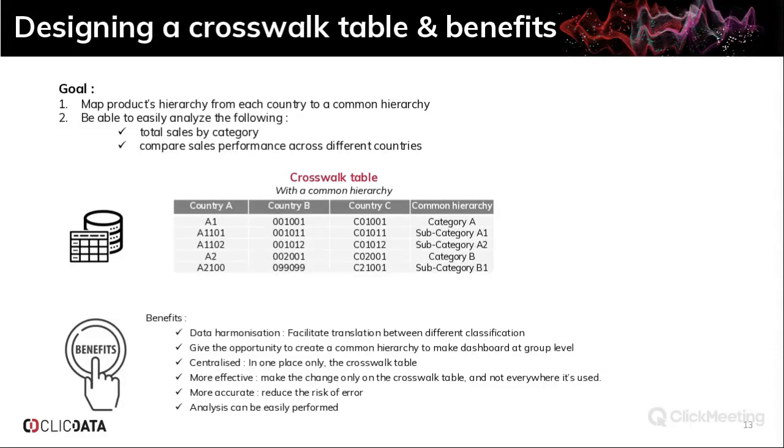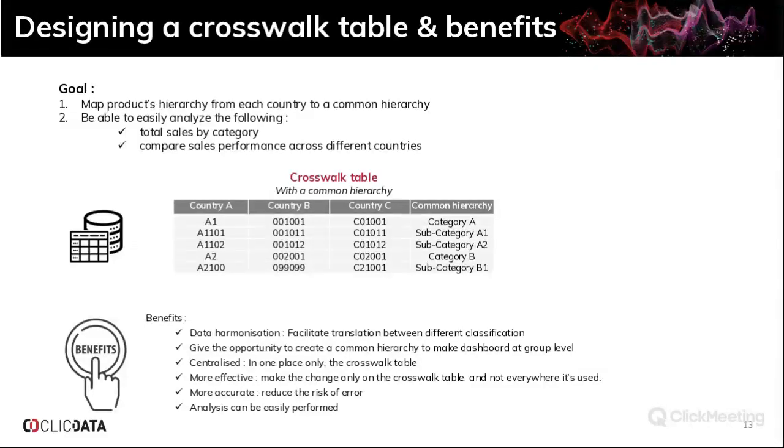In terms of how the crosswalk table is structured, you can see an example here. Let's assume that, for example, in country A, you have this kind of IDs on the product category, on the subcategory, and even at product level.